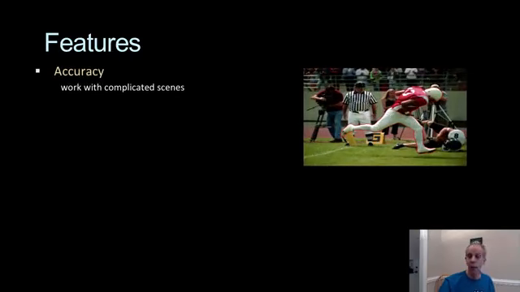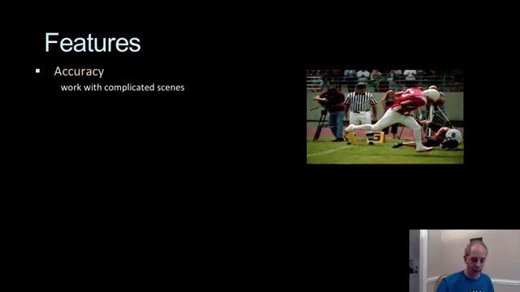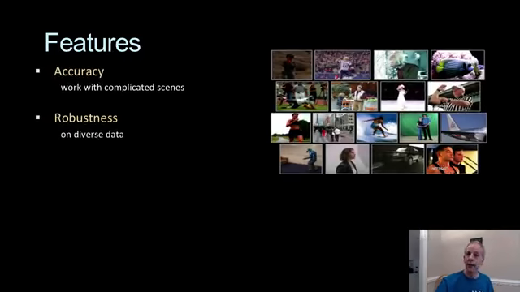So what are the type of features that are in Roto Brush, in the segmentation behind Roto Brush, that we need to have, but also features that we need to have in many, many of these type of video segmentation approaches? So accuracy, we already talked about that. Robustness.